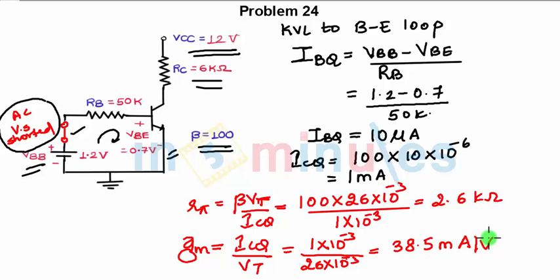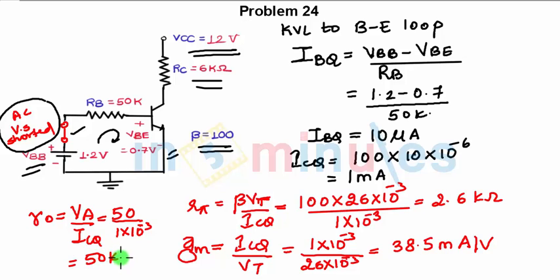You have got the value of GM. Similarly, you can find the value of small RO. The equation for RO is VA upon ICQ. VA is given as 50 volts, divided by 1 milliampere. So you get RO as 50 kilo ohms.